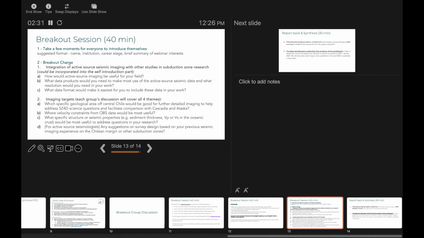And then the second part, we will discuss the imaging target. Each group can cover all four themes: the subduction input, megathrust, upper plate faults, and sediment transportation processes.